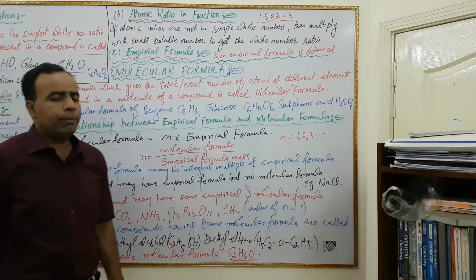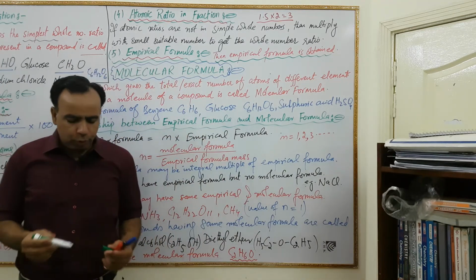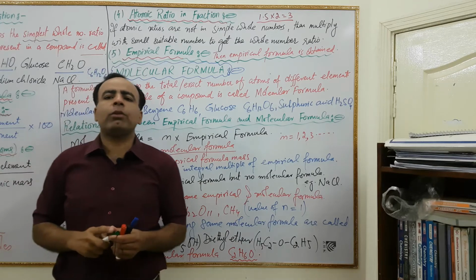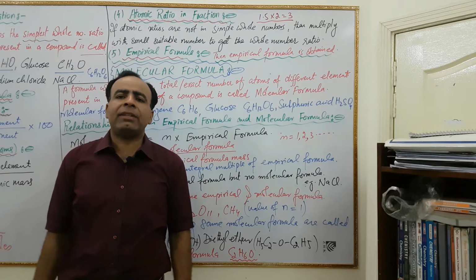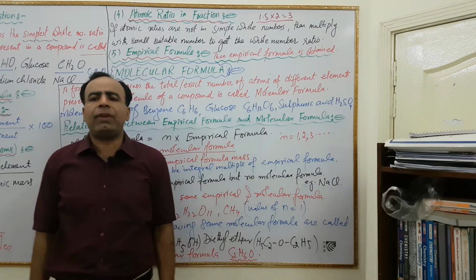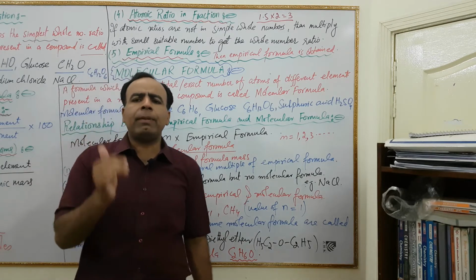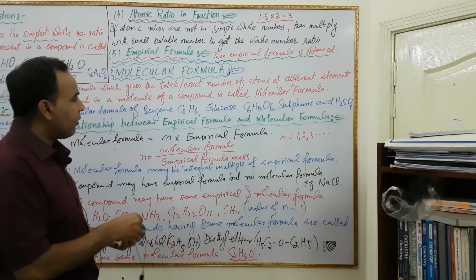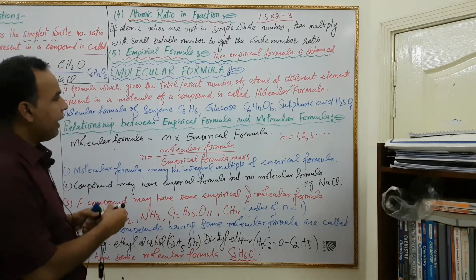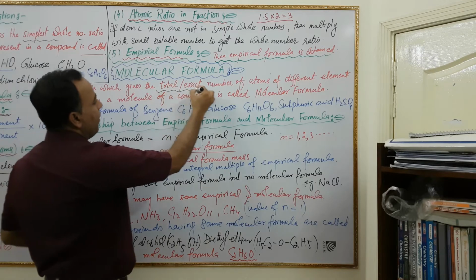Now, what is molecular formula? Dear students, what is the definition of molecular formula? The formula which gives the total or exact number of atoms of different elements present in a molecule of a compound. It gives the exact number of atoms of different elements present in a compound.